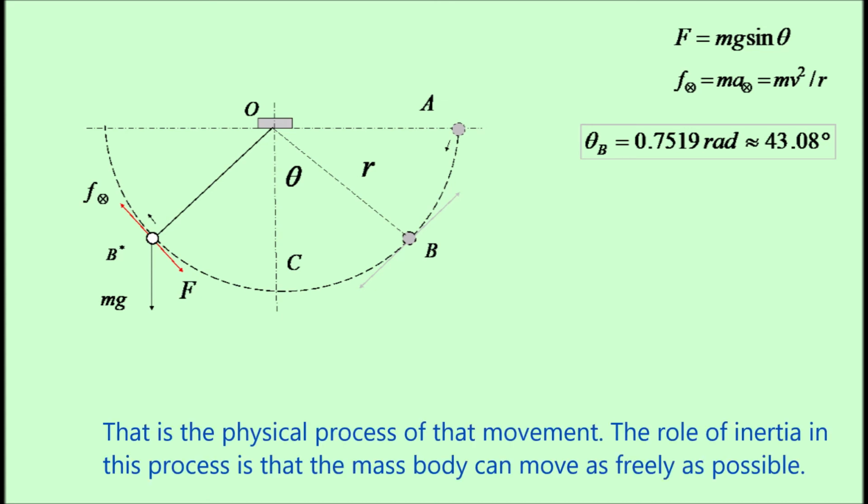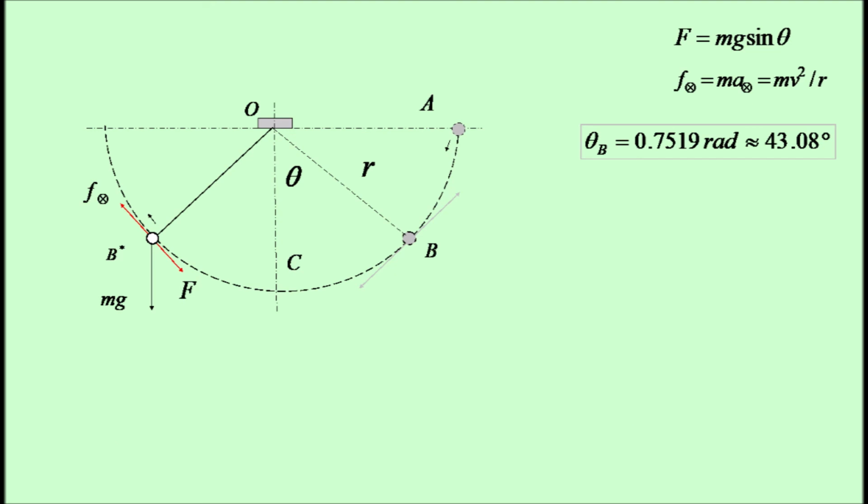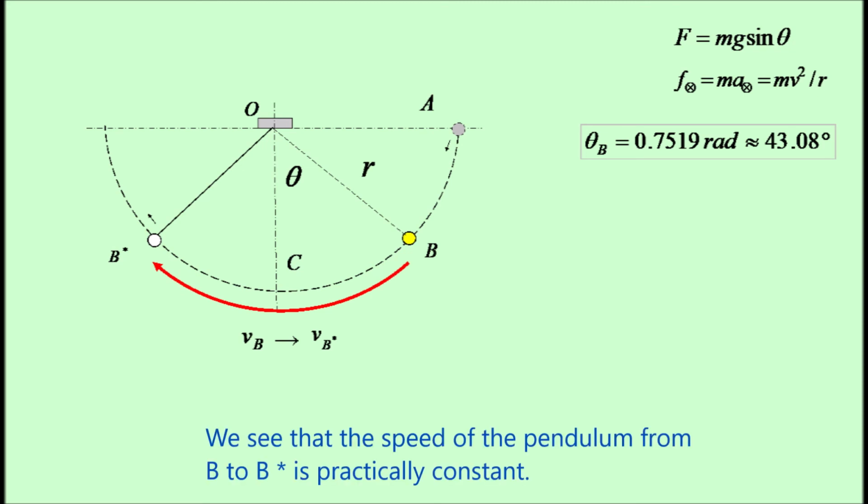The role of inertia in this process is that the mass body can move as freely as possible. With inertia, the body remains at its speed. We see that the speed of the pendulum from B to B** is practically constant.